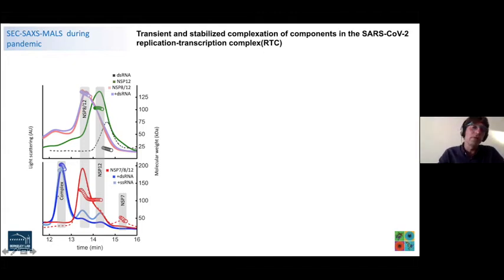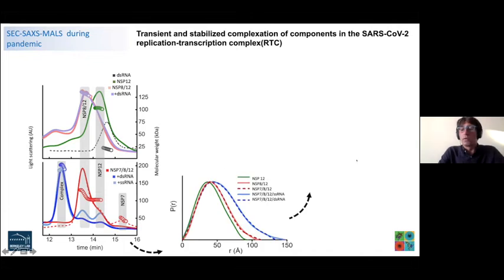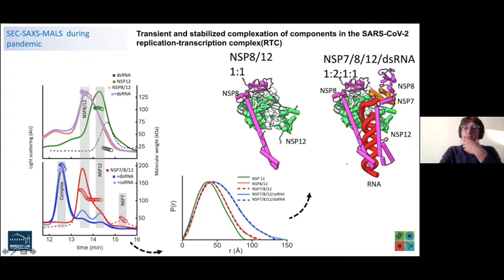So we published this story with also analyzing exactly the SAXS data. We have information from cryo-EM, and so we had the opportunity to match the atomic structure from cryo-EM directly to the SAXS.